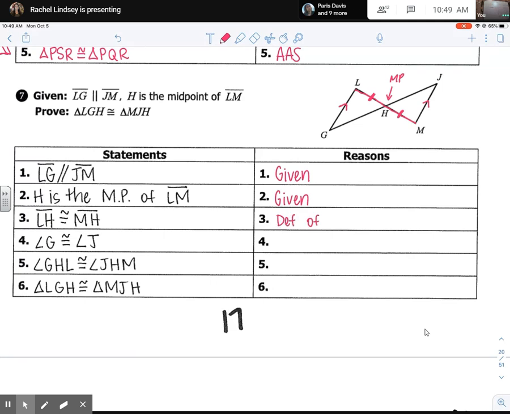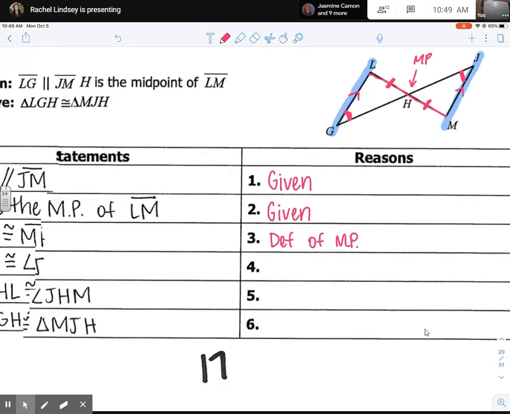Now the next one, remember I've got some parallel lines in there. So maybe I have some angles with parallel lines. It says angle G is congruent to angle J. How would I know that? Alternate interior angles.